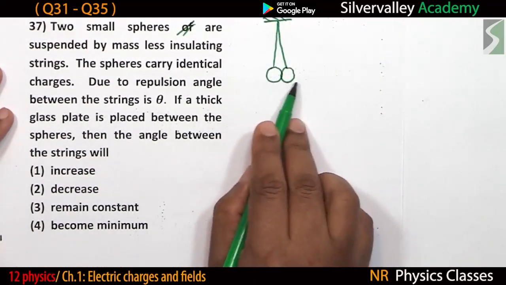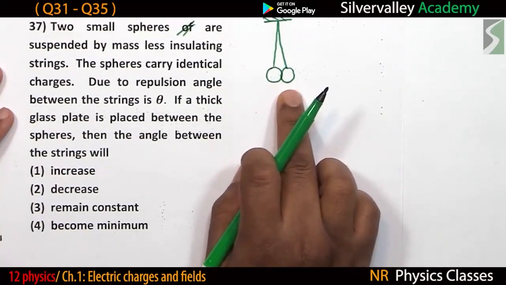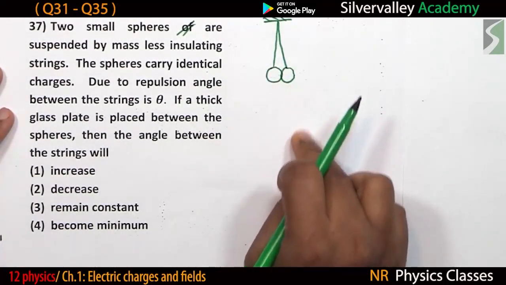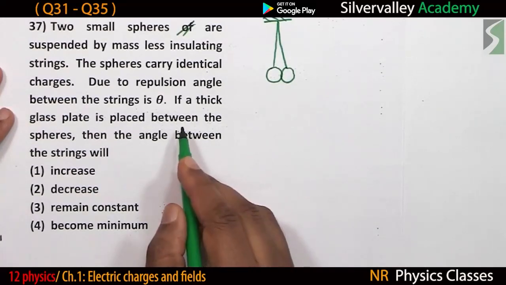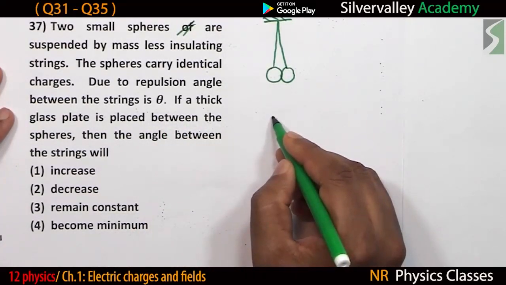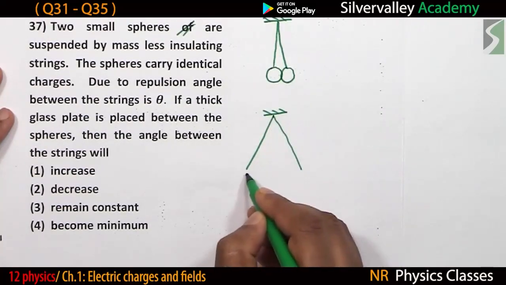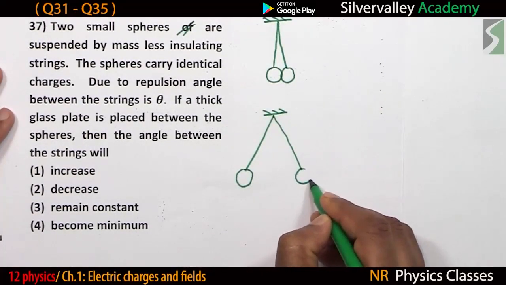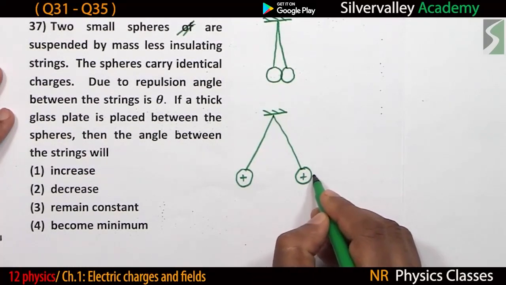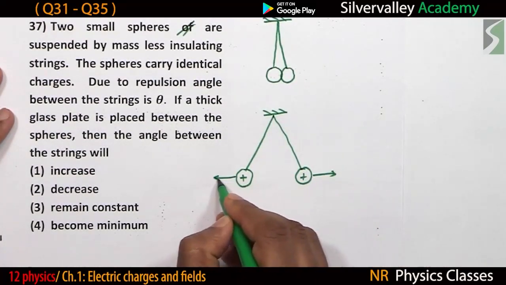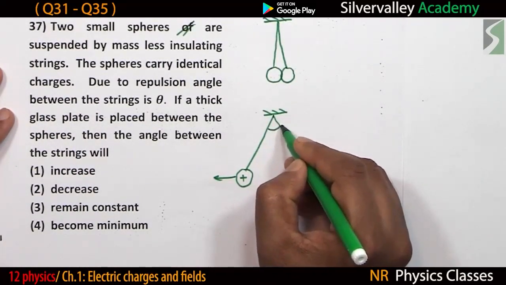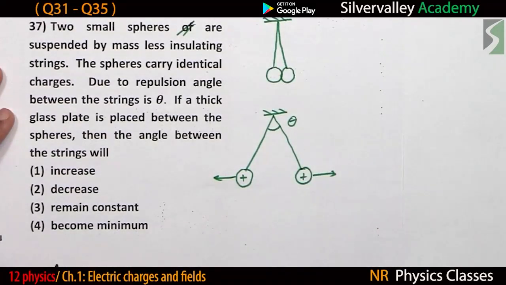When the spheres are uncharged, they are together because of gravitational force. If they are charged, then due to repulsion, an action and reaction pair, due to these two forces, the strings will make some angle, theta.